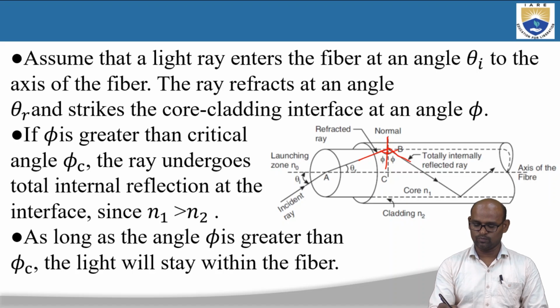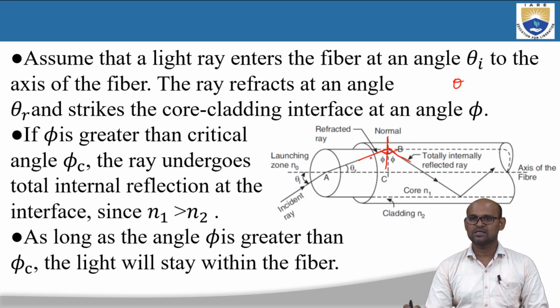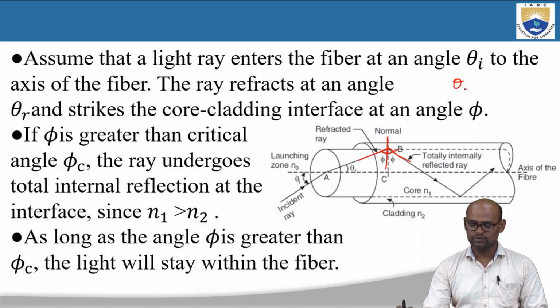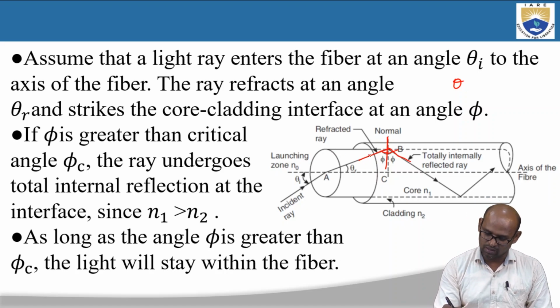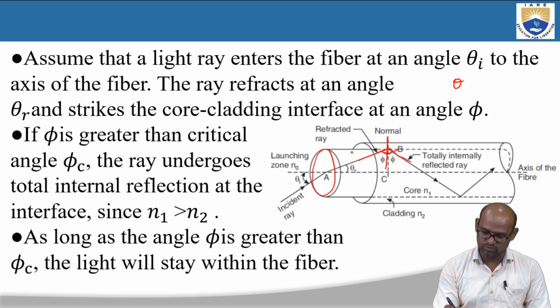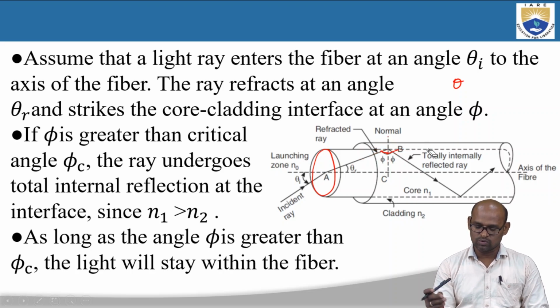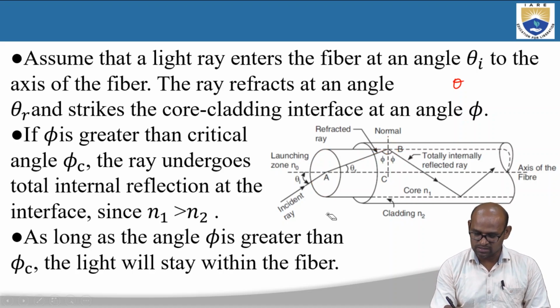We discussed three conditions, theta less than, greater than, or equal to theta c, and those three conditions are between this core and cladding. So this is the core cladding interface we have discussed. This is core and that is cladding.